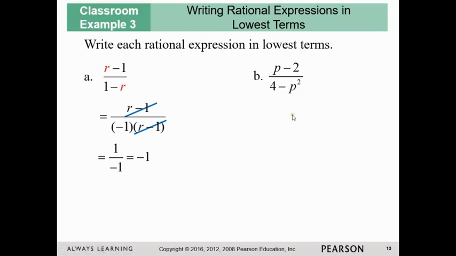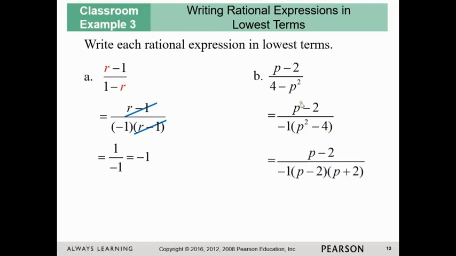So now looking at B, we've got to factor this. First we've taken out a negative 1 out of the denominator. That creates p squared minus 4. Now p squared minus 4 is a special factoring situation because it is a difference of two squares.